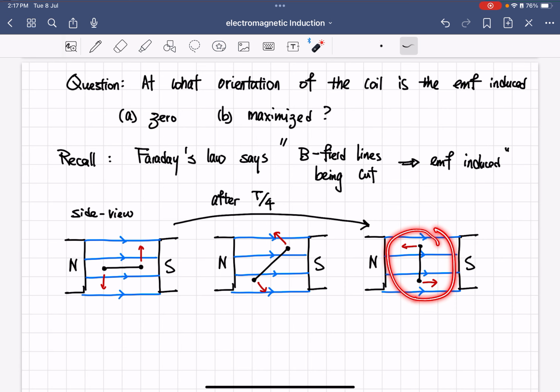However, in the last case, when the coil is vertical, the side of the coil is moving horizontally, so it has no vertical motion.